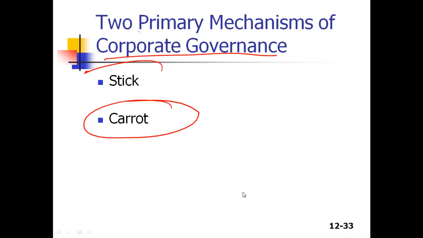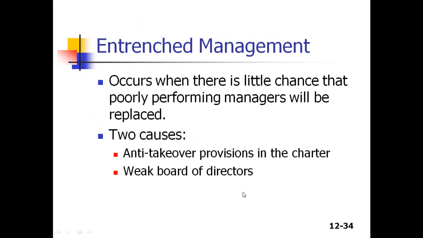Then there would be lesser sticks such as not being promoted or not getting a raise or other punishments like that. And the carrot, just to check your basic understanding? Perks, benefits, raises, options, etc. Okay, so that's the high level.